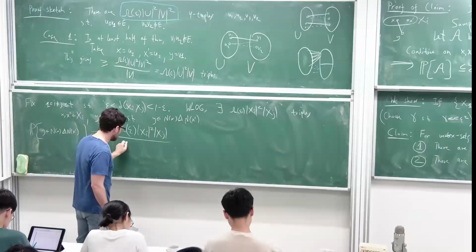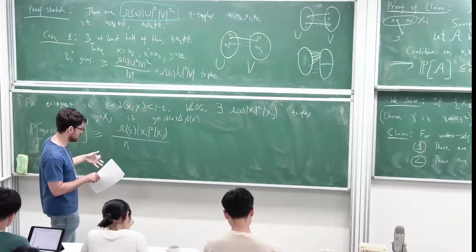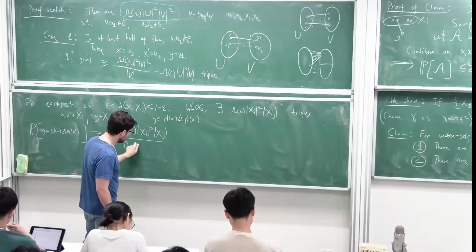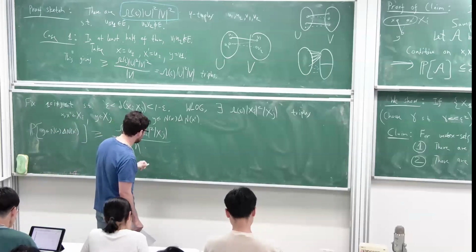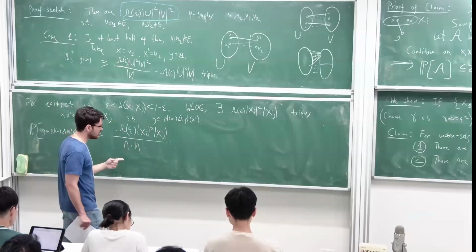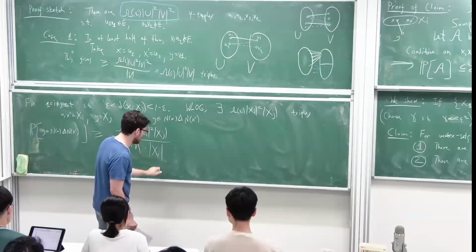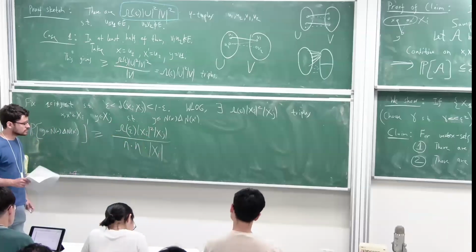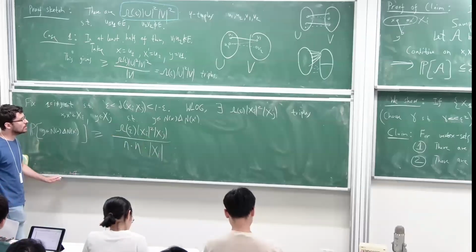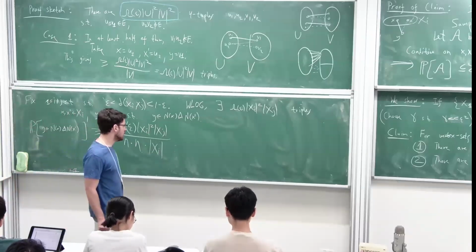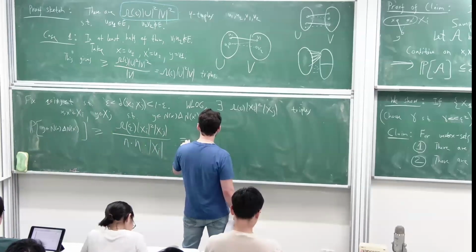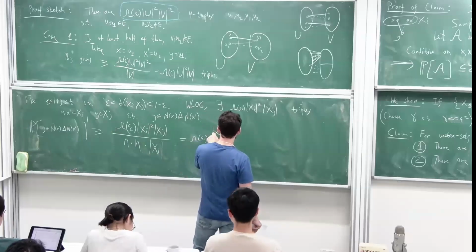We have to choose x, which is n options. So the probability that x falls on where we want is 1 over n, and the same for y. But now for x prime, because it goes to the same part as x, the probability is 1 over X_i. So this X_i cancels, so we have omega of epsilon X_i X_j over n squared.